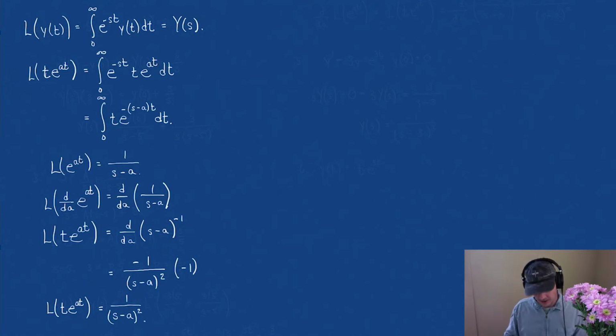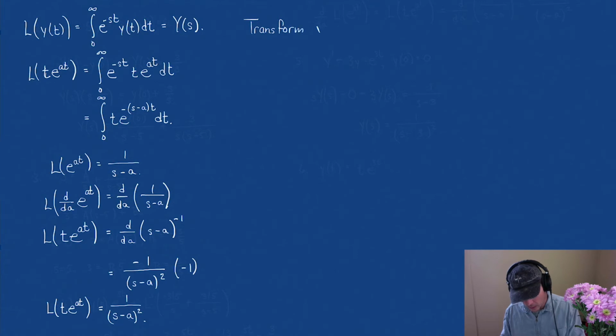Okay, now let's try another problem. Let's put this to work. Let's transform y prime minus 3y equals e to the 3t.